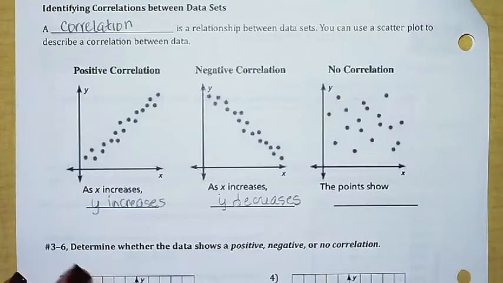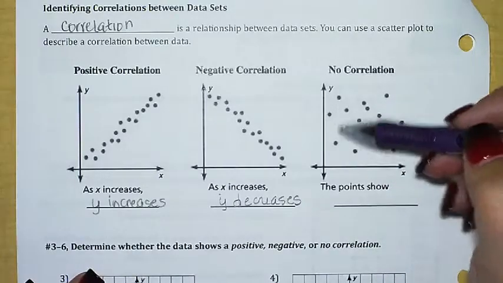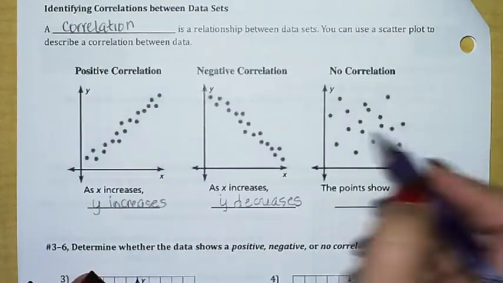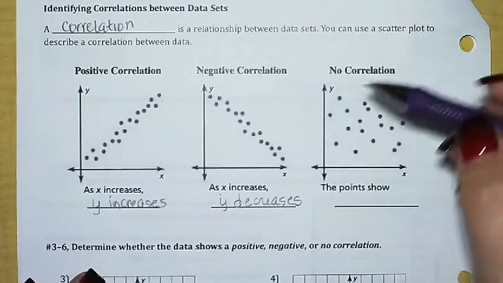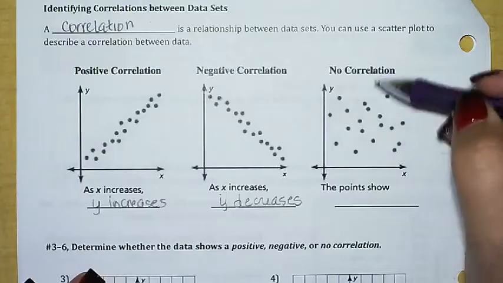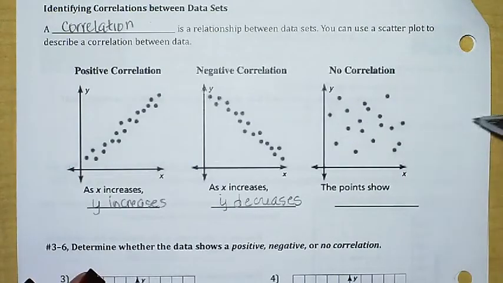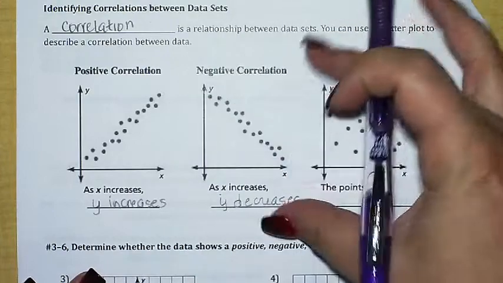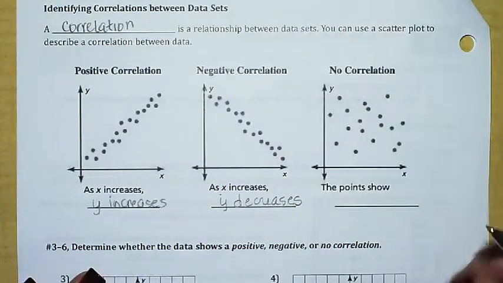And then there's some data that simply have no correlation. If I try to establish an upward pattern or a downward pattern, I'm not really able to do that with any certainty here. The points just seem to be scattered up and down all the way across, in a widespread situation.